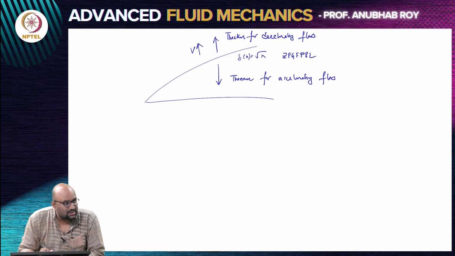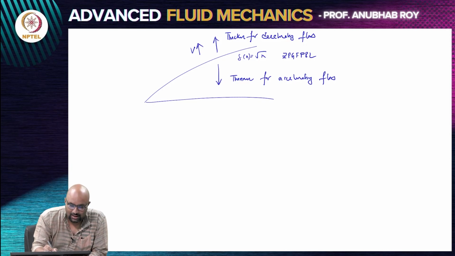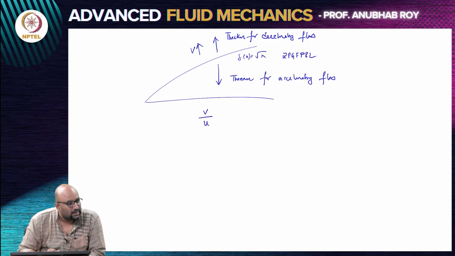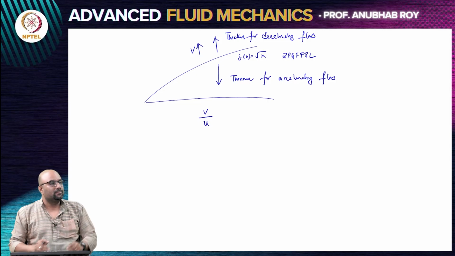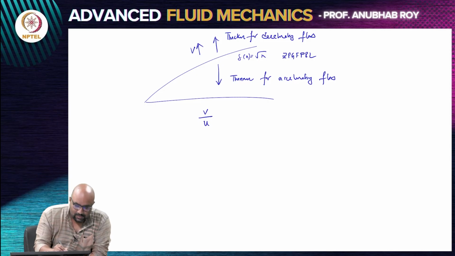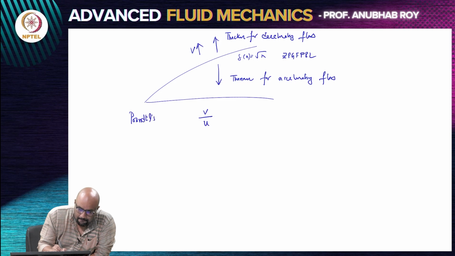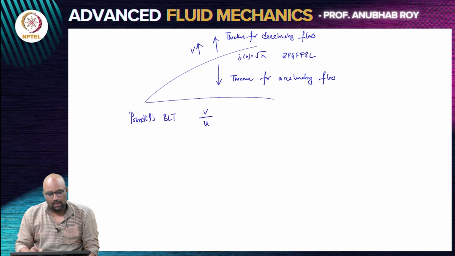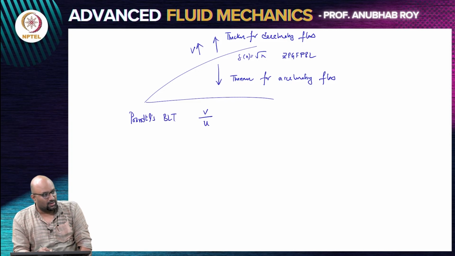So this brings us to the key point: what is the consequence of all of this? Because if you go back to Prandtl's equations, they are derived under the assumption on V by U. For Prandtl's boundary layer theory, the transverse velocity, or wall normal velocity, by the streamwise velocity, is this a large quantity or a small quantity?